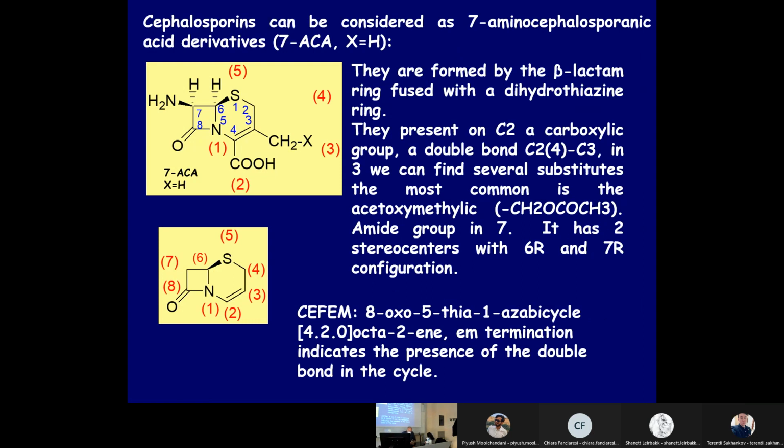There is another important family of beta-lactam classical derivatives. The second family is called cephalosporins.